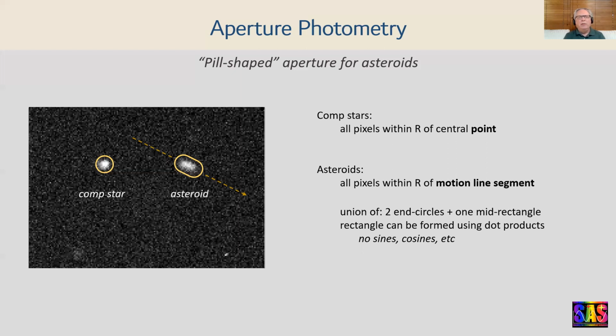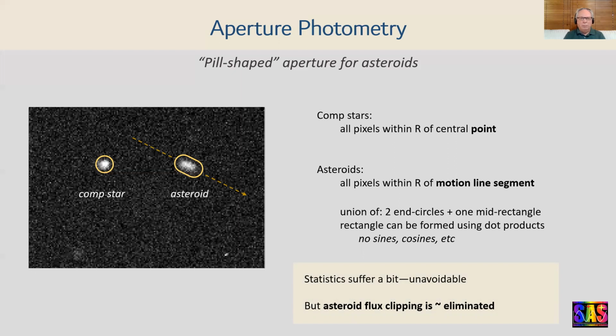Surprisingly, all of these items can be formed using dot products and multiplication, no sines or cosines, no transcendental functions at all. So its computation is pretty rapid. The statistics, the signal to noise does suffer a little bit, but that's unavoidable. It's not a fault of the aperture shape that gets larger for asteroids.